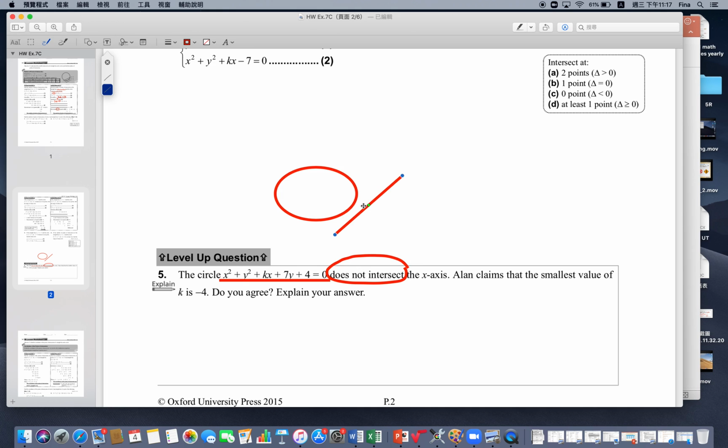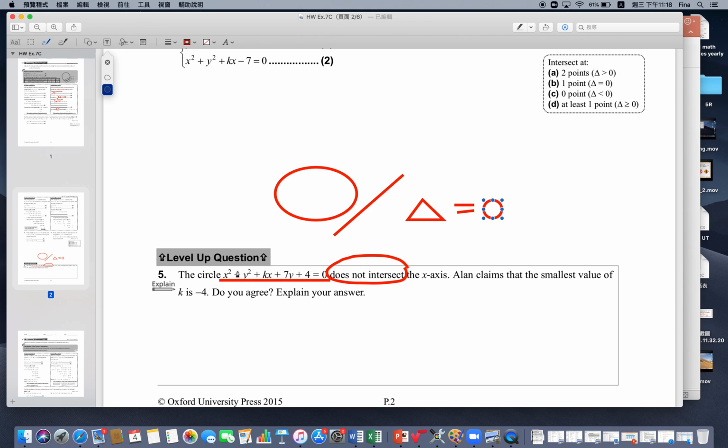In this case, you know that delta, okay, in this case, delta equals to 0. But how to set delta? First of all, we have to get the equation of the straight line and the equation of the circle.